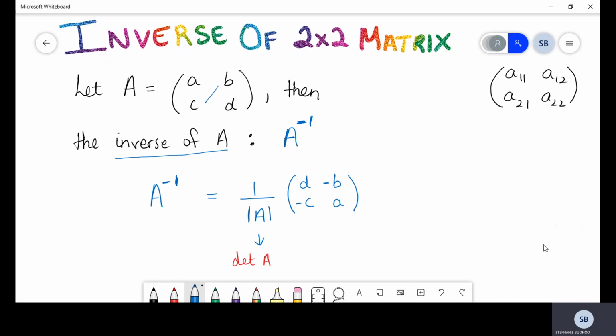Now, I want it to be made clear that the first step you do is interchange. You're interchanging your elements of your leading diagonal.